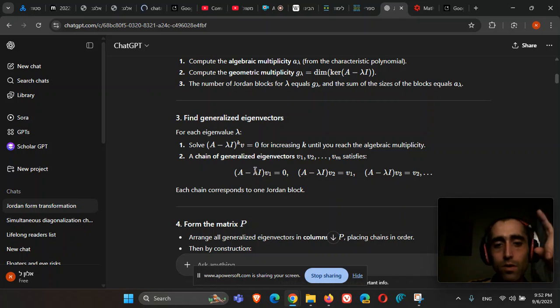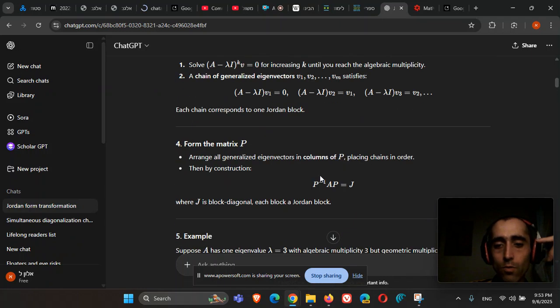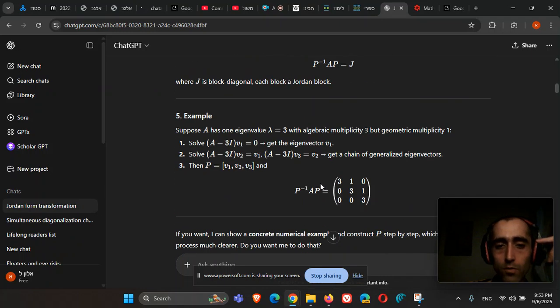Now, you will find a chain of generalized eigenvectors by taking A minus lambda I times V2 equals V1, and not 0. This is the next eigenvector. Now the next one, A minus lambda I times V3 equals V2, and so on and so forth. We are constructing a chain of eigenvectors, and from this chain we will construct the P matrix.